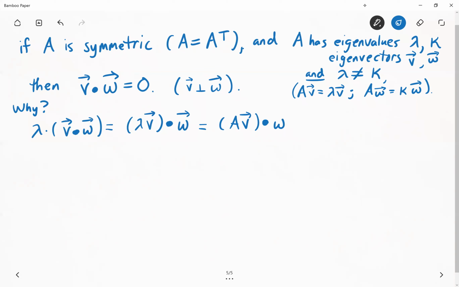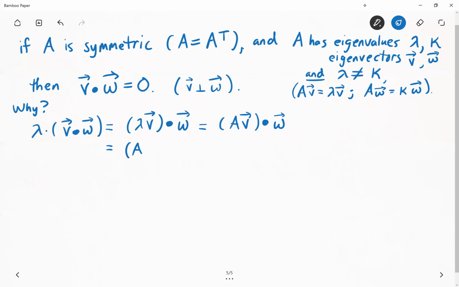Now, the next thing I'd like to draw your attention to: we recently made an observation that dot products can also be rewritten as transposes. So we've got the first dot the second.